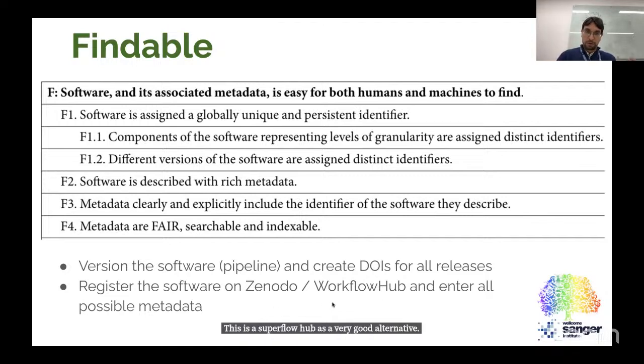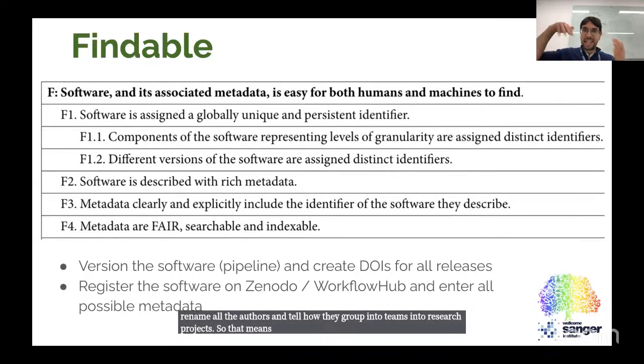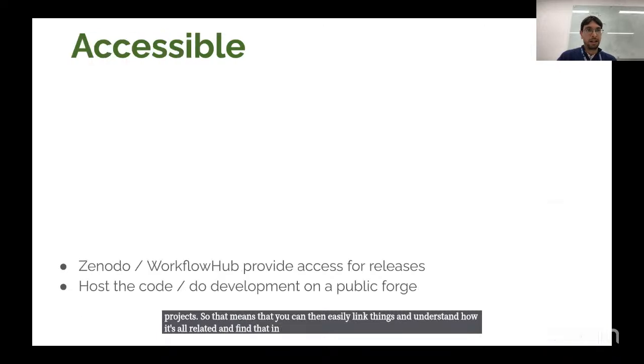Both platforms offer forms to enter a lot of metadata about the software. Workflow Hub has a concept where you can name all the authors and tell how they are grouped into teams, into research projects. That means you can easily link things, understand how it's all related, and find that in a standard common place.